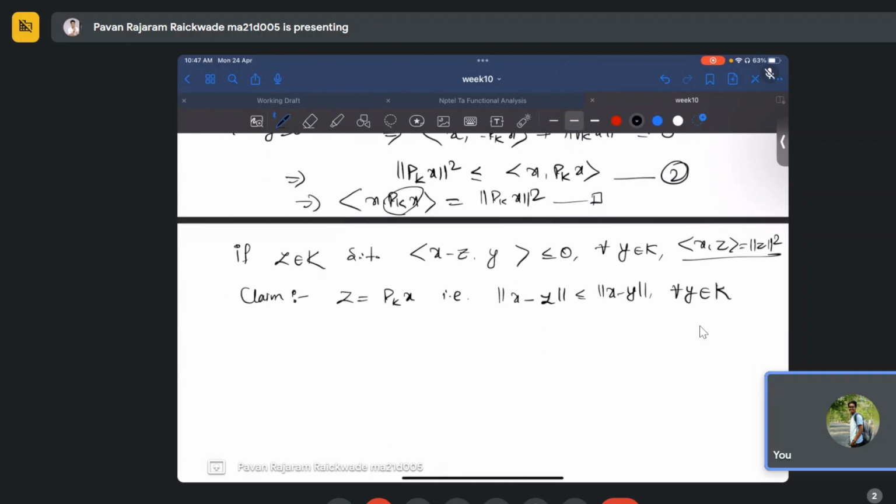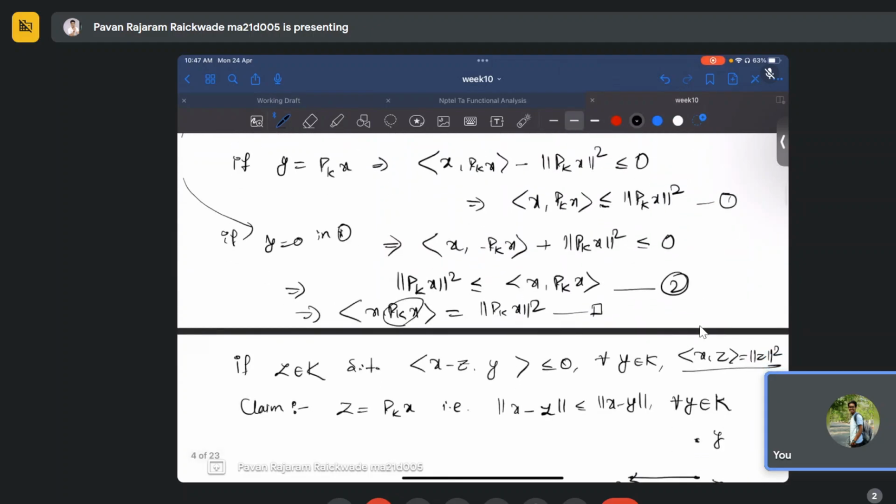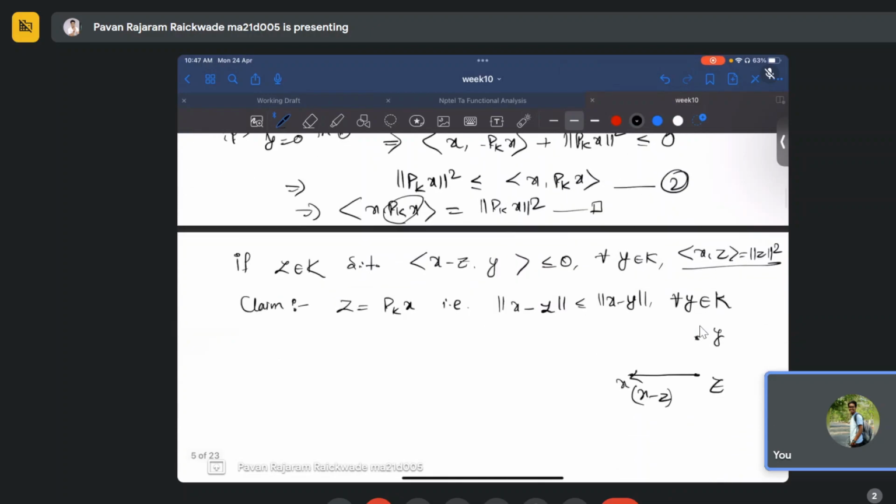Okay, let's see how it goes. Intuitively, it's again the same. If Z is here, X is here, this is X minus Z. And if you take any point Y, what we are getting is the inner product of X minus Z with Y minus Z. This Y minus Z is again in the cone.